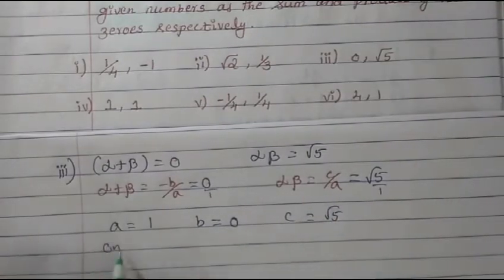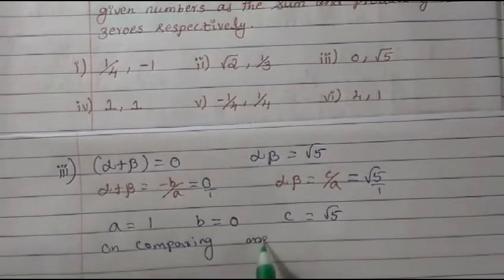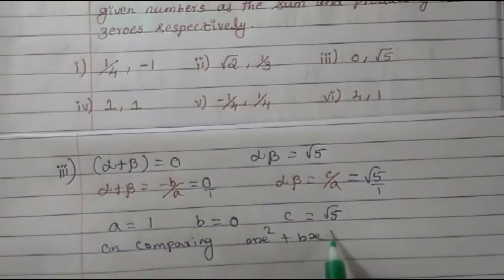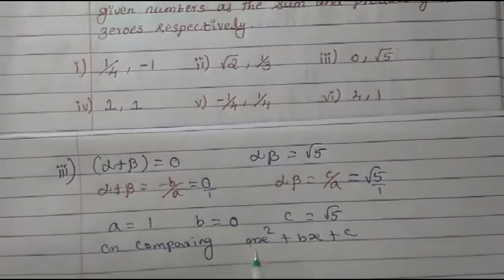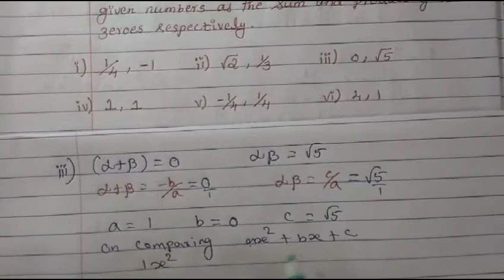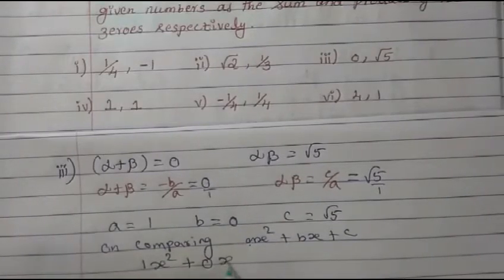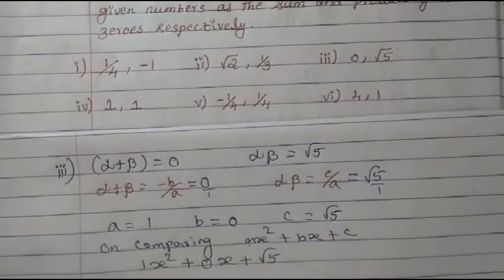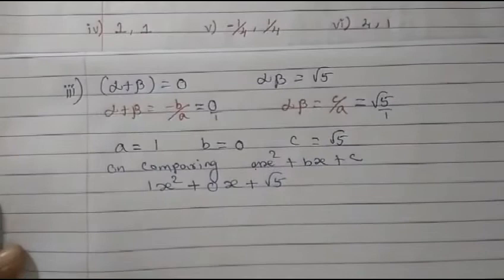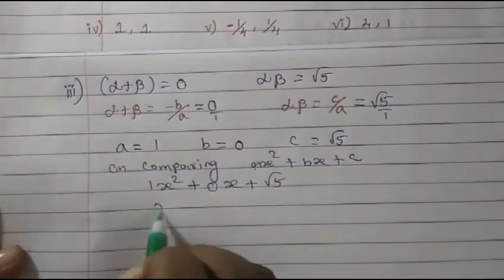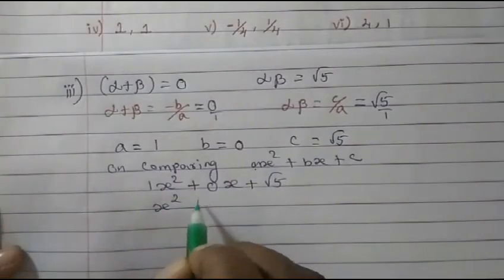So now on comparing with ax square plus bx plus c, a is what? We have 1 here. So x square we write as it is, plus b is 0, and this x as it is, then plus c is root 5. So 1 into x square we will get x square.